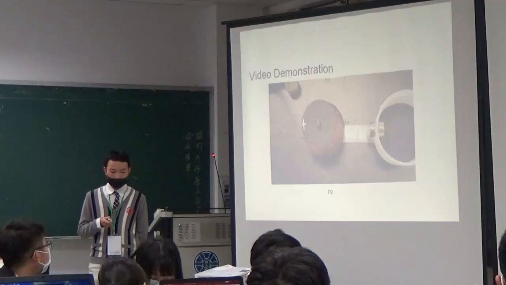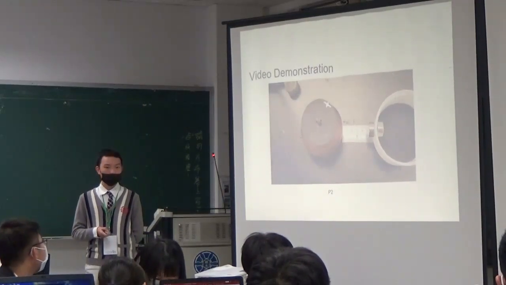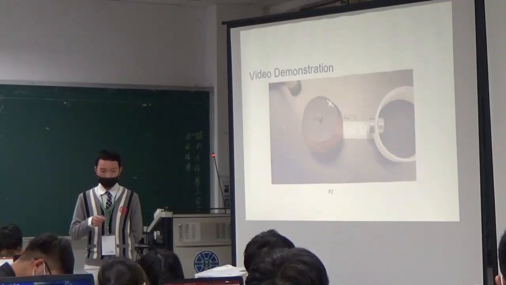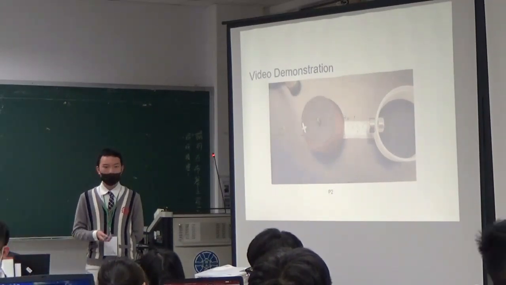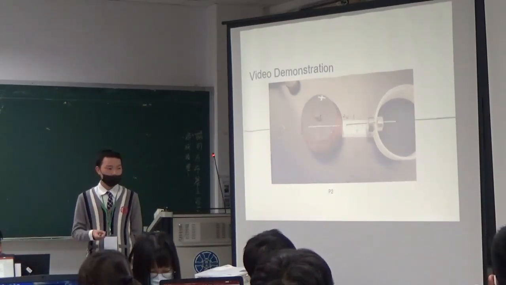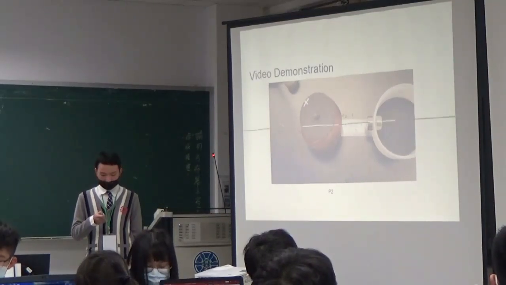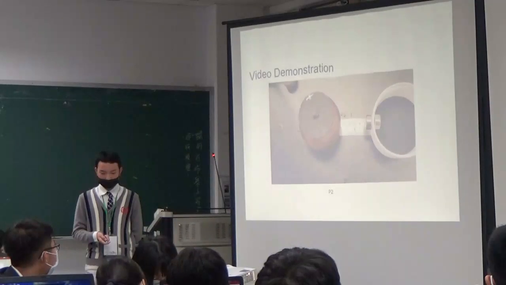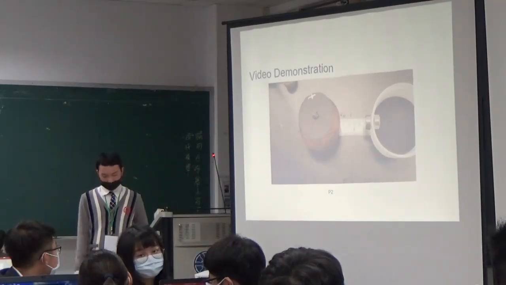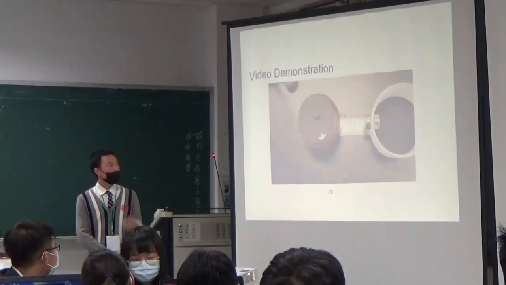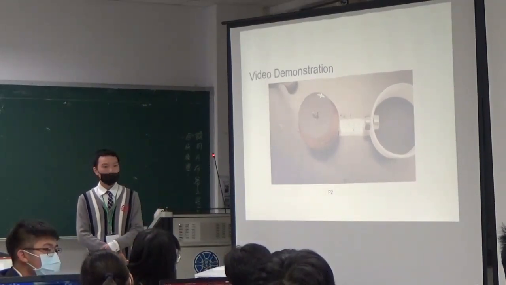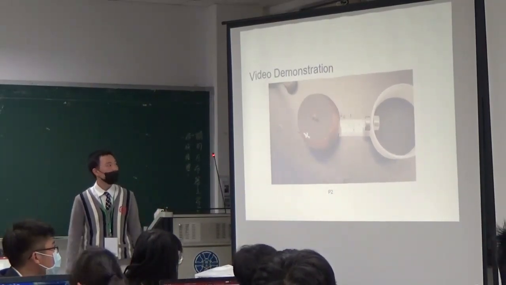But originally we were trying to use a motor, because a motor can control the revolutions per second. But the motor was spinning too fast for too long, causing the wire to come off the sphere, which made the experiment unable to continue.